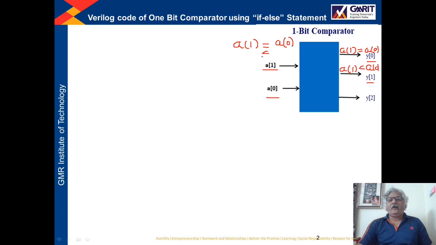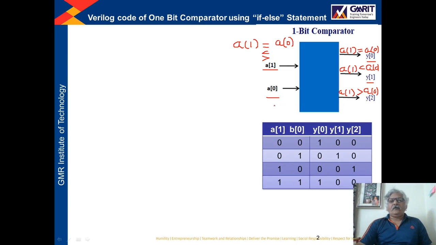And if A1 is greater than A0, in that case Y2 will be high. So Y2 will be high if A1 is greater than A0, right?